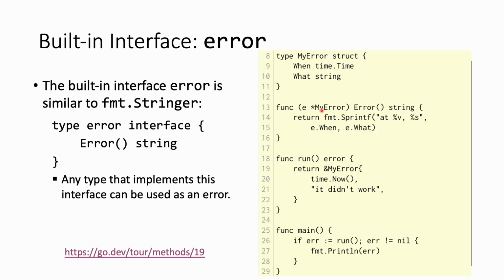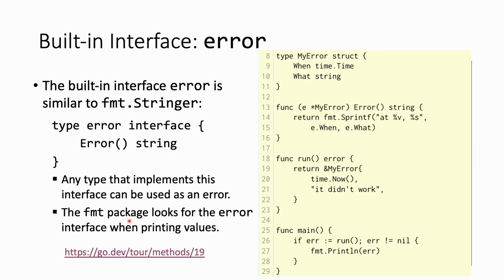Now MyError value is also an error value. So function run, whose return type is error, can return a MyError value with When equal to the current time and What equal to the string "it didn't work". As with the fmt.Stringer interface, the fmt package looks for the error interface when printing values.